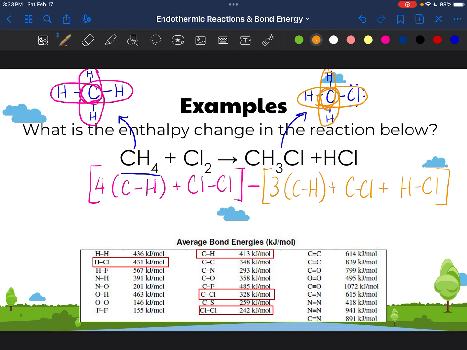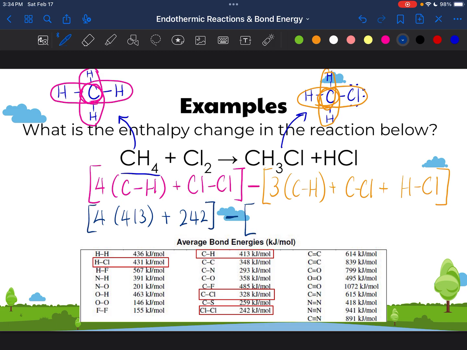Last but not least, let's plug in those values and find out what our answer is. So we have 4 times 413 plus 242. Let me put a bracket.